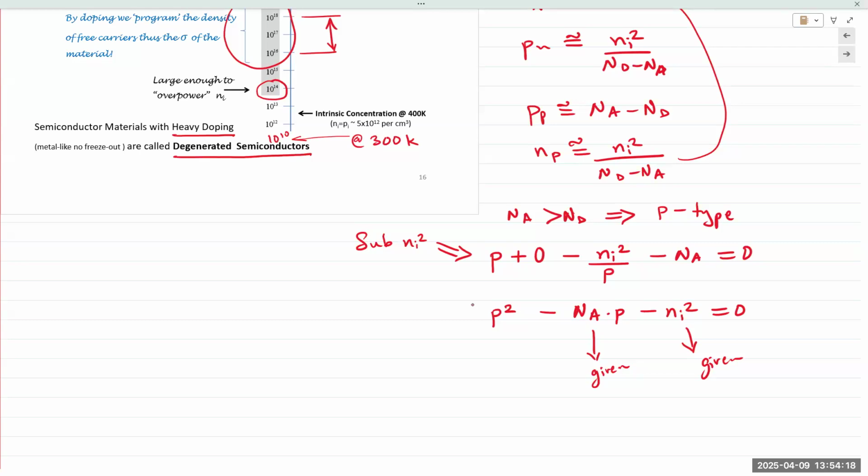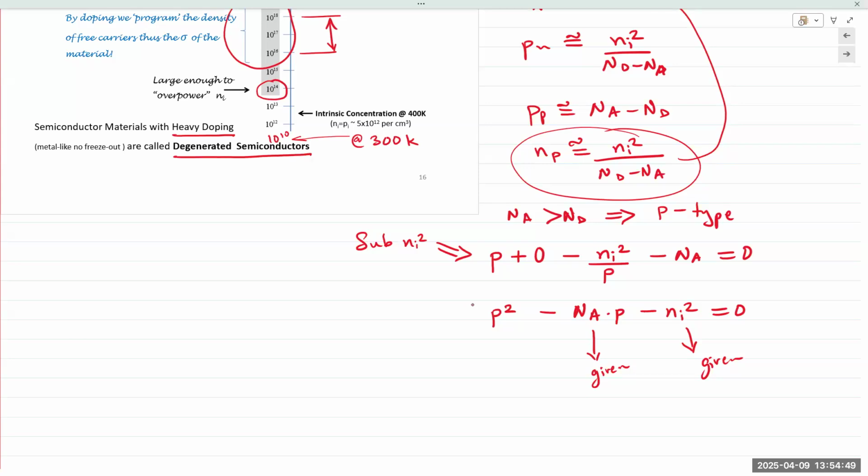The answer is basically that. And then once you have that number, you plug it into this equation to get the number of electrons. Ni square over P gives you the number of electrons. That's a good question. Yeah, so it turns out it's NP. Yes, that's what makes sense mathematically.